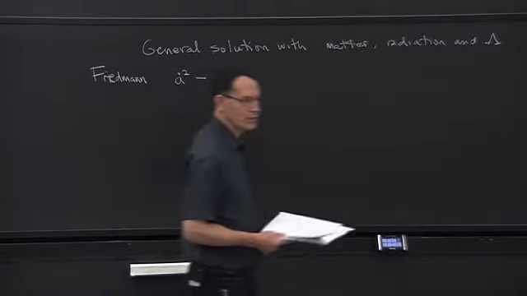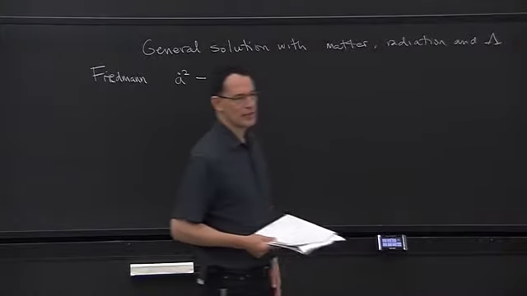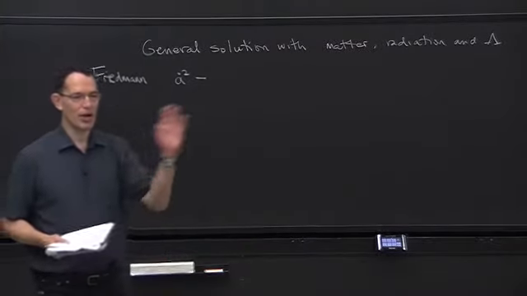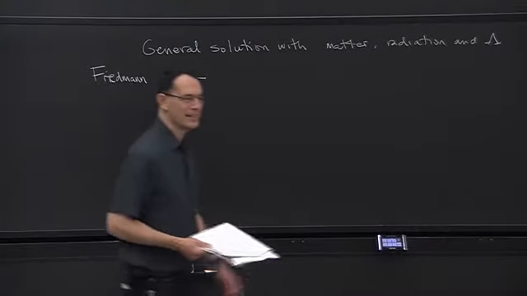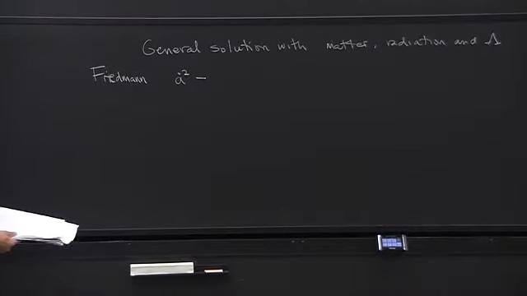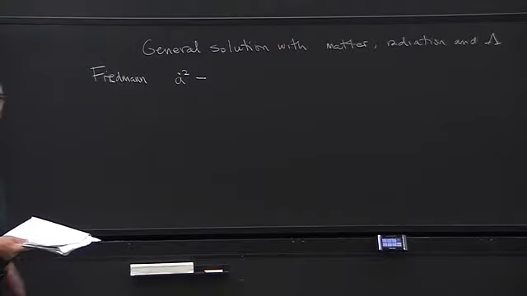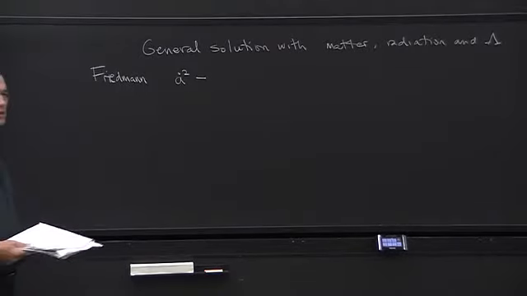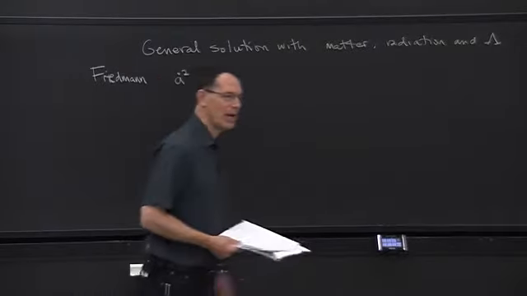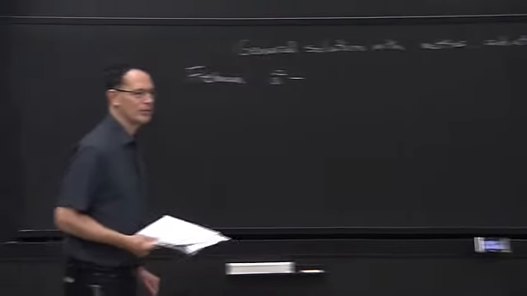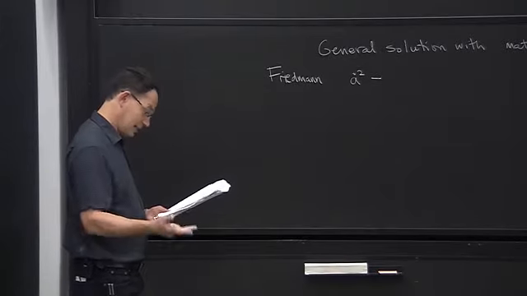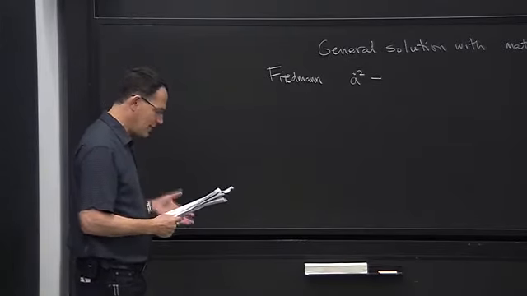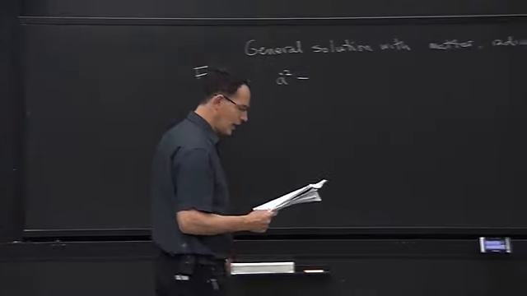And he found these solutions, and he sent them to Einstein, and Einstein said, it's obviously wrong. Your mathematics is up the creek. And Einstein didn't believe it at all because the solutions are singular. So he thought these are not really solutions. It was a very intense debate. And finally, it turned out that Friedman was right. And yes, the universe is expanding and comes out of a singularity.